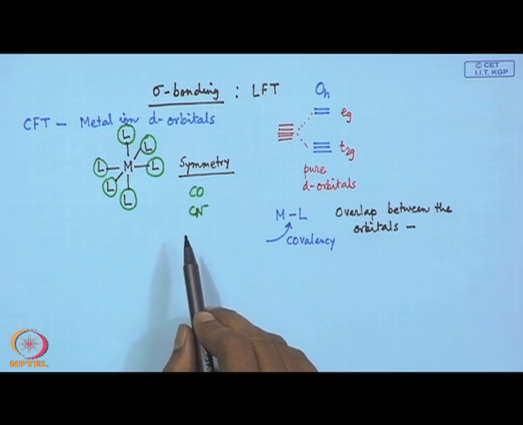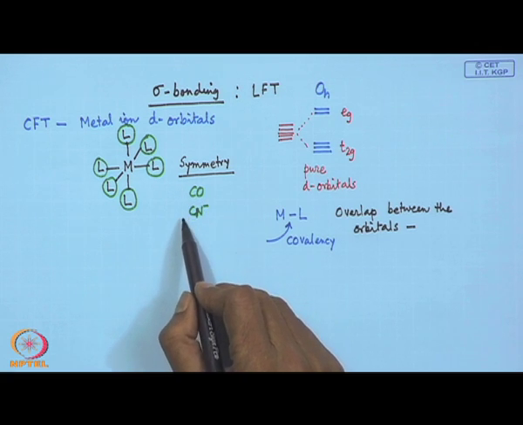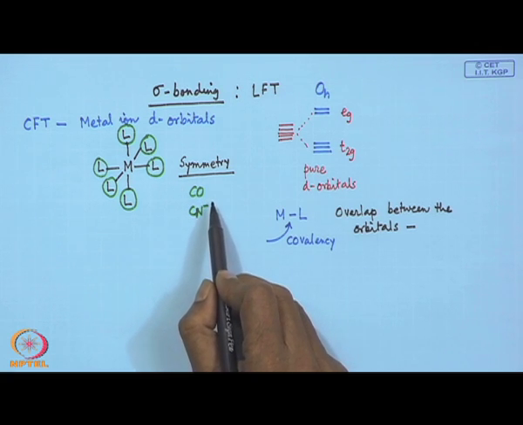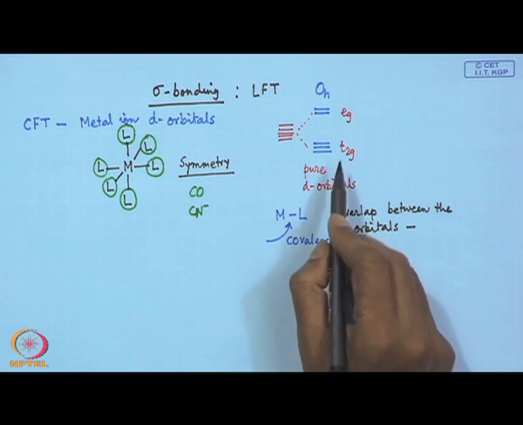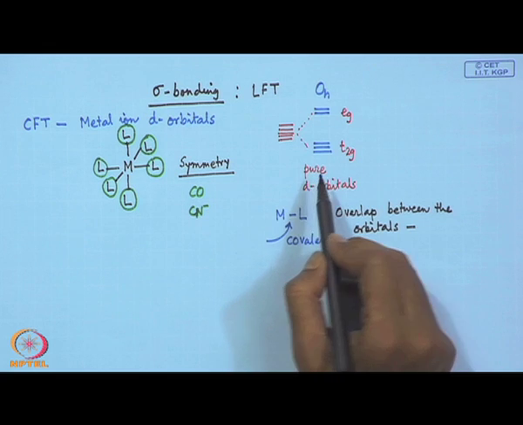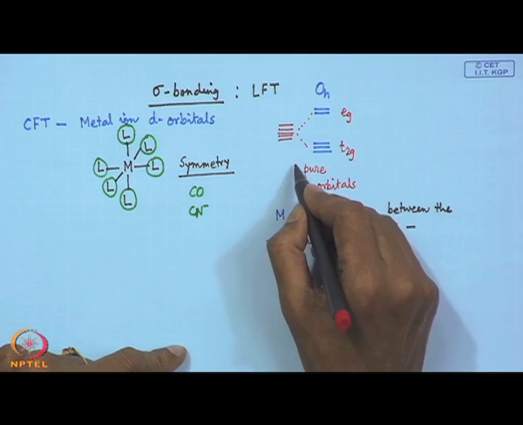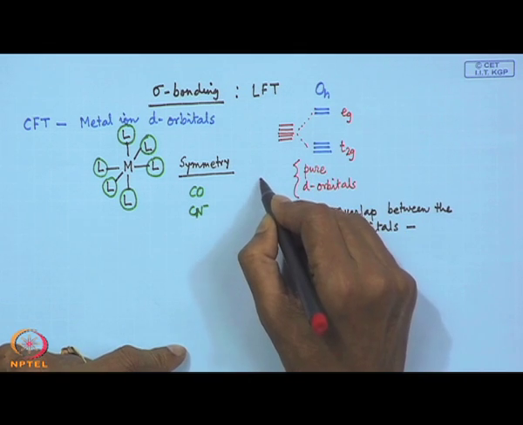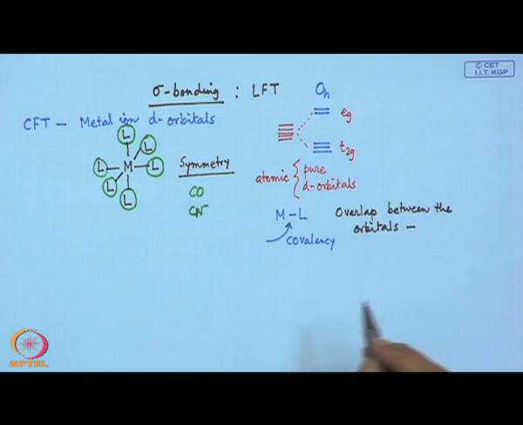As a result, we are not talking in terms of the atomic orbitals, because the d orbital splitting in crystal field theory is for pure d orbitals, which are atomic orbitals.